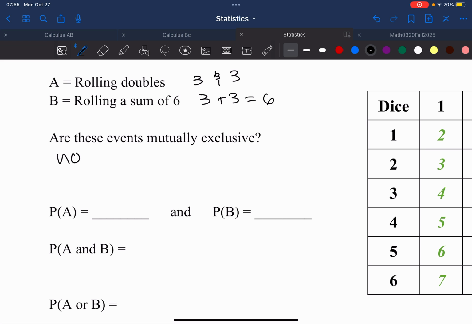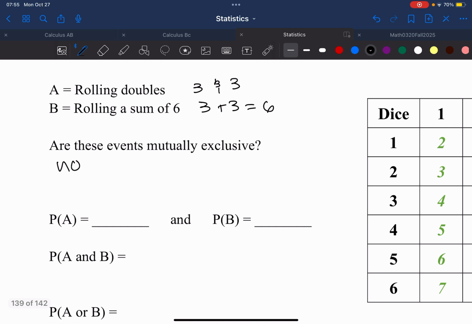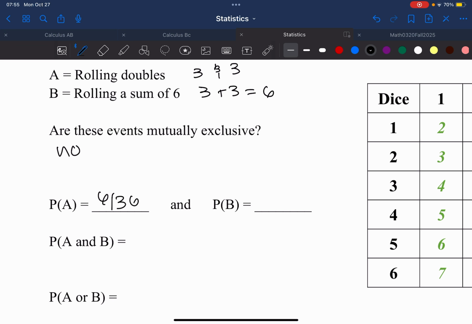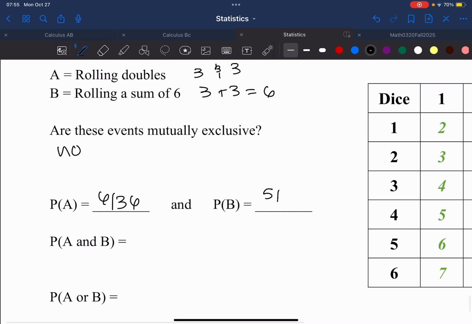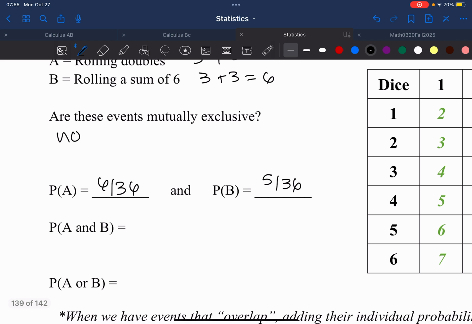Remember in our lab, we said the probability of A happening, which is the probability of rolling doubles, was 6 out of 36. And the probability of rolling a sum of 6 was 5 out of 36. The probability that they occur together, that's the probability of A and B. This is the overlap. Well, remember we said there was only one overlap, so that was 1 out of 36.